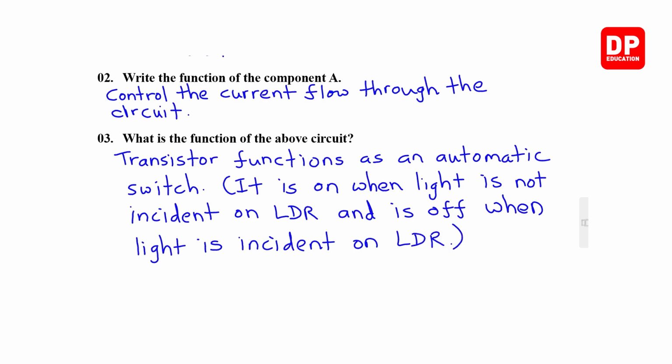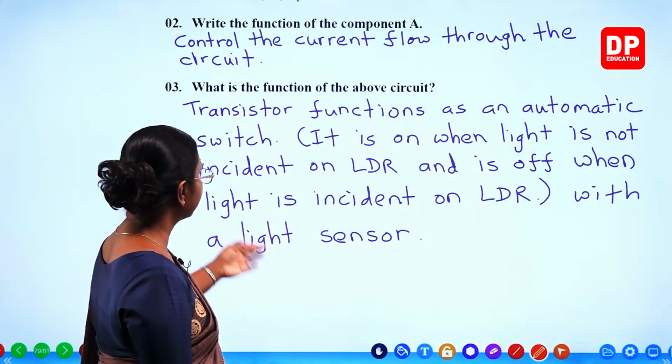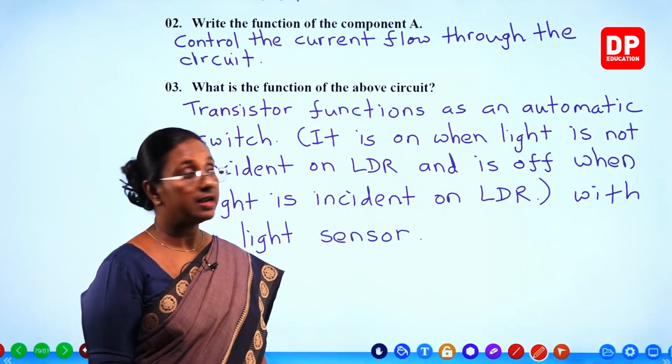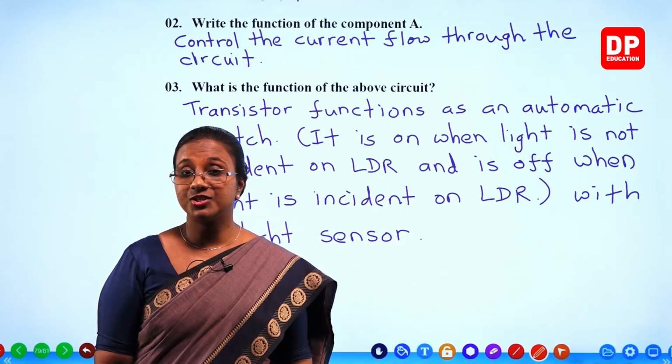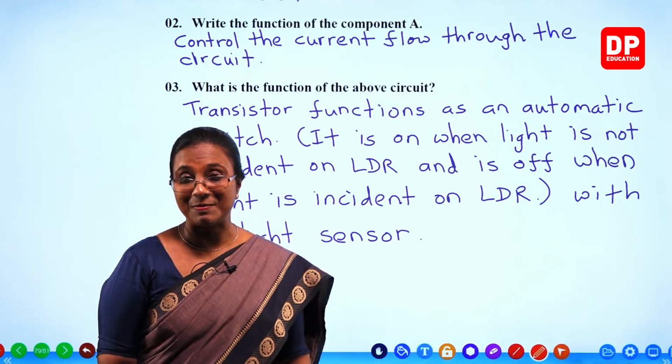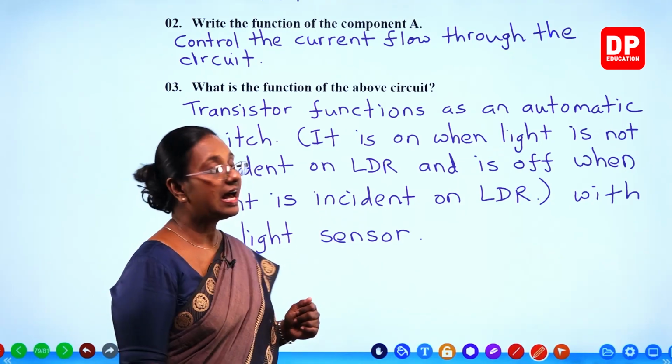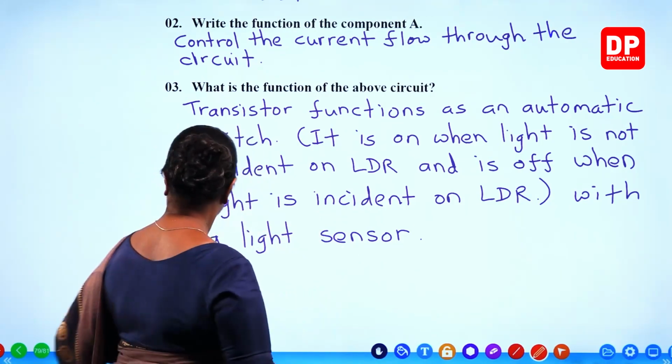So transistor functions as an automatic switch with a light sensor. So that is why it is on when light is not incident on LDR and it is off when light is incident on LDR. That is how the circuit functions. I am sure you all can remember that, students. So with that, I will move on to the next slide.